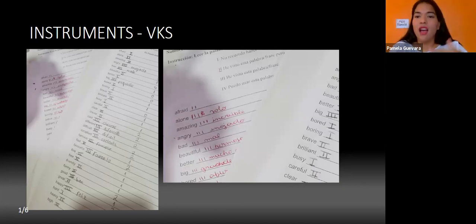The first one is, I don't remember having seen this word before. The second level is, I have seen this word, but I don't remember the meaning. 3, I have seen this word, but I cannot use it. And the last one is, I have seen this word and I can use it in a sentence, or I know the meaning.